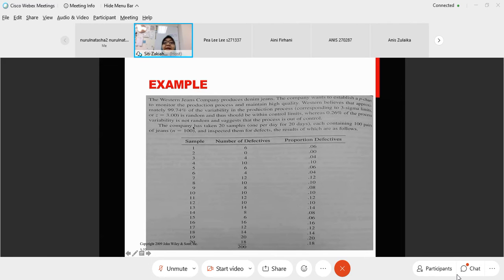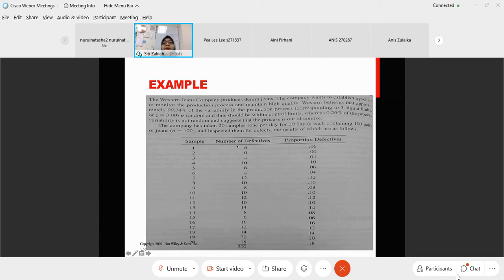So the company has taken 20 samples, one per day for 20 days, each containing 100 pairs of jeans. See, N has a formula earlier, right? N is 100. So from the first day to day 20, they take 100, 100, 100, 100.